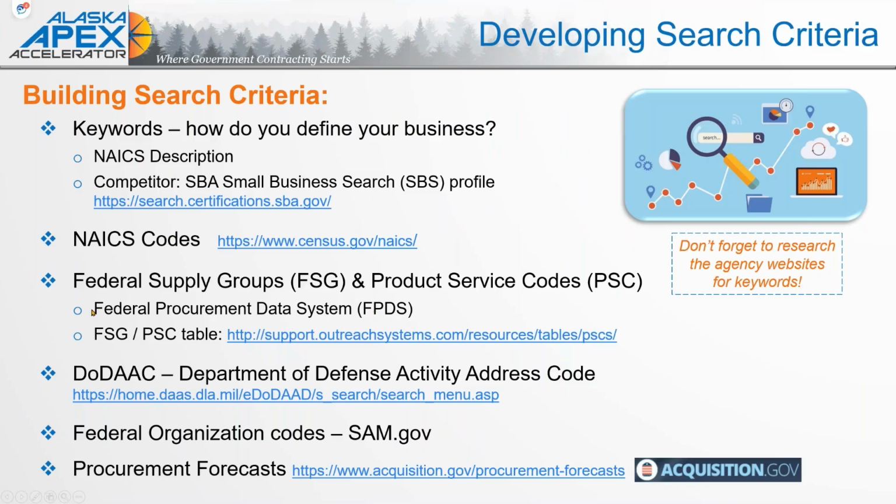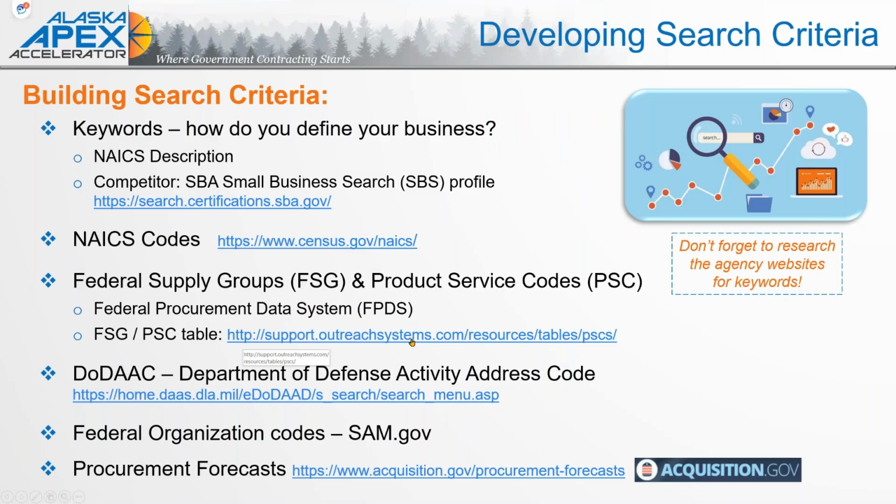And this is going to make me sad, the Federal Procurement Data System that was alive and well up until about a month ago. But that same concept of using that past procurement data, which we can now find in SAM, but we can also have a couple of different resources for looking up those. One I like in particular is the Outreach Systems.